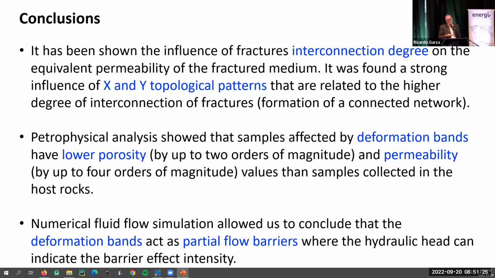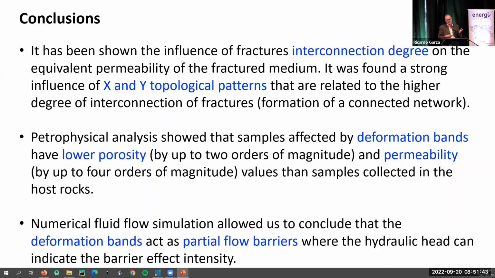These are the two main conclusions of the problem that we proposed, to better understand the behavior of deformation bands and fractures using outcrops of sandstones and fractured carbonates.